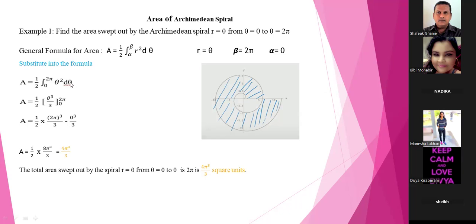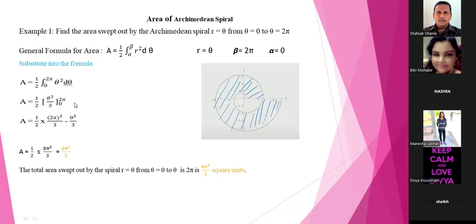When we integrate theta squared with respect to theta, we have theta cubed divided by 3. Next step, we can go ahead and work out this square bracket for the range theta 2 pi to 0. So we'll have area is equal to half multiplied by 2 pi cubed divided by 3 minus 0 cubed divided by 3.